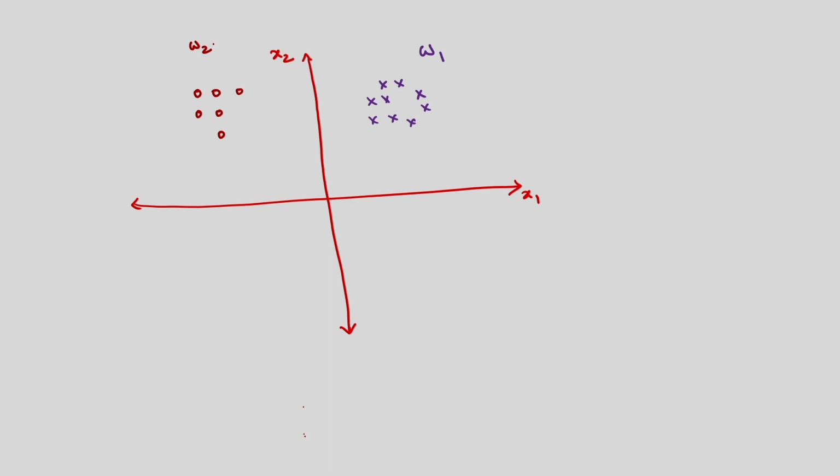As per this perceptron criterion, the samples belonging to the class omega 1 are augmented and taken as they are, and samples belonging to the class omega 2 are augmented and negated. So that means I have to do the negation. If I do the negation, you can see it will be something like this.